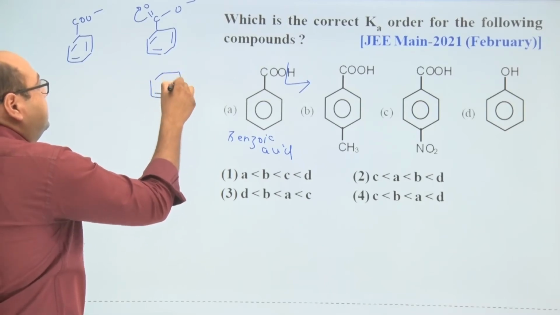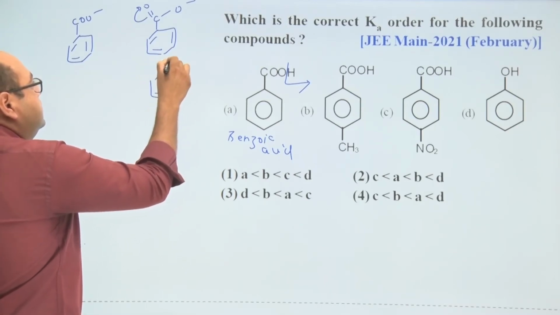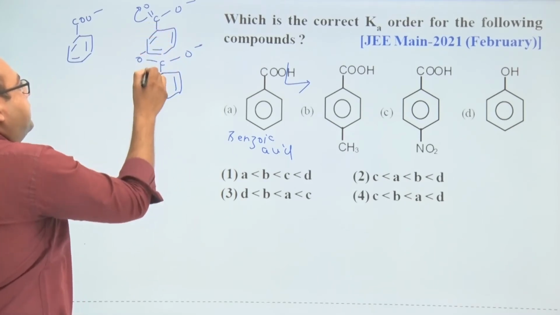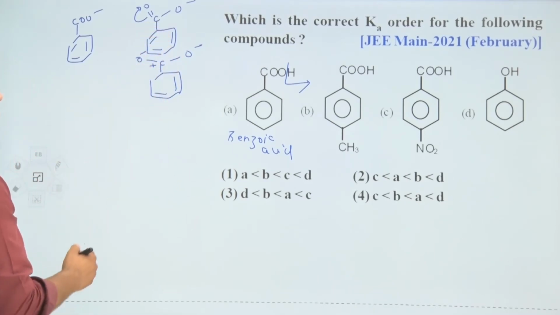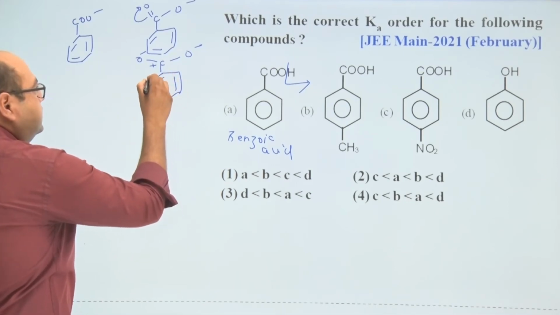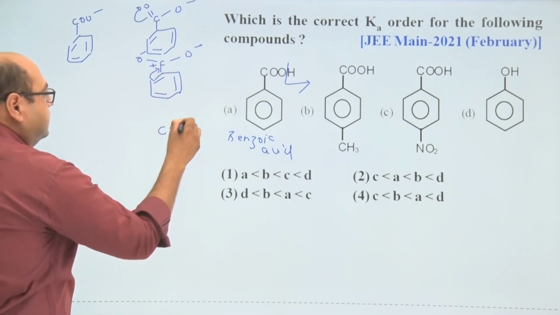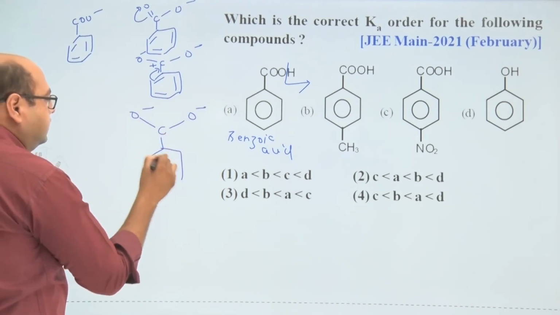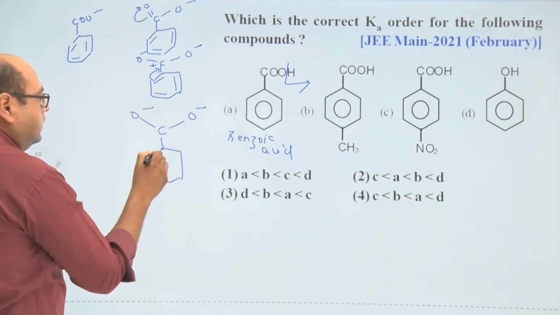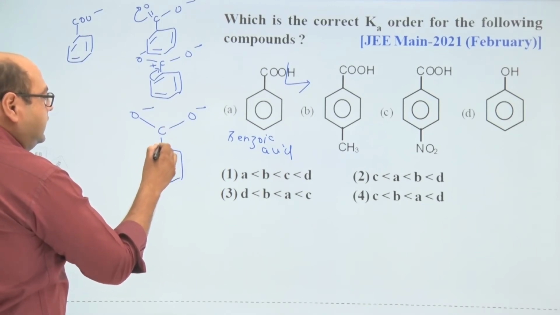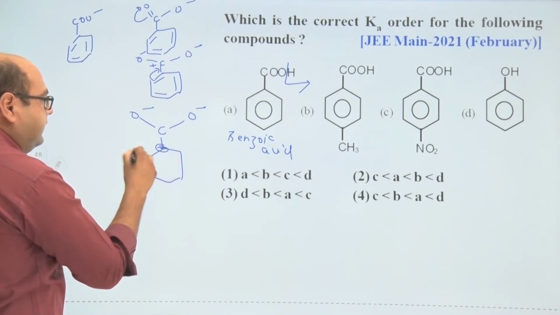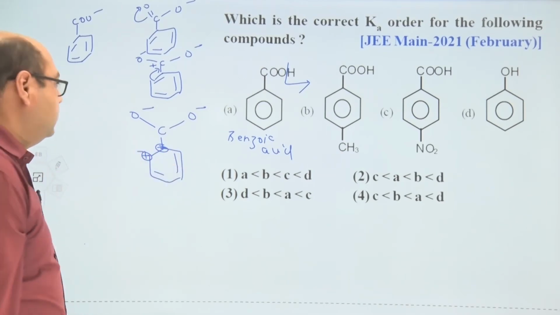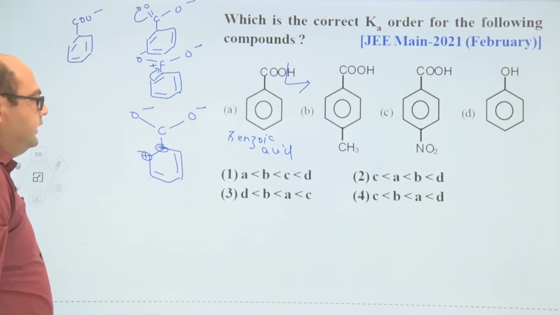After this, what will happen? CO minus will be formed, and it will have a positive charge. So this bond will move towards it, and the resonance will start. The negative charge will come here, it will have a positive charge, and the conjugation will continue.